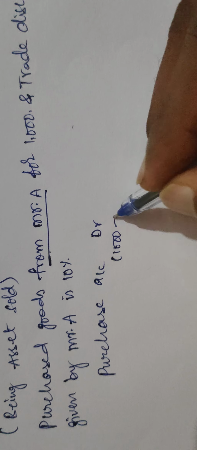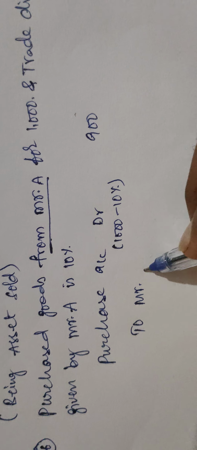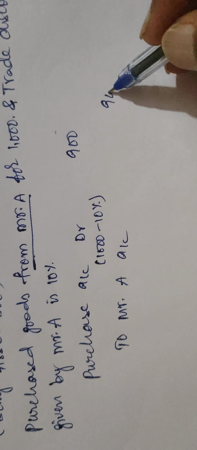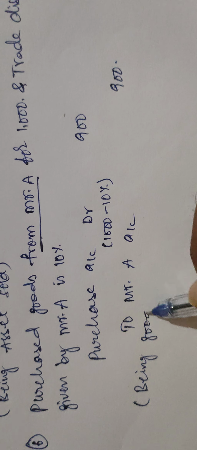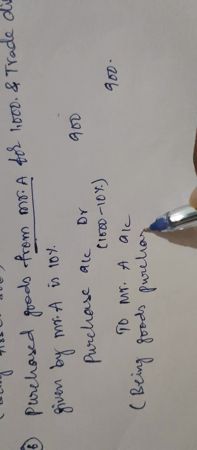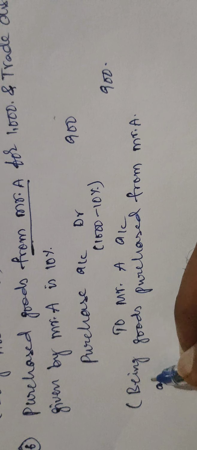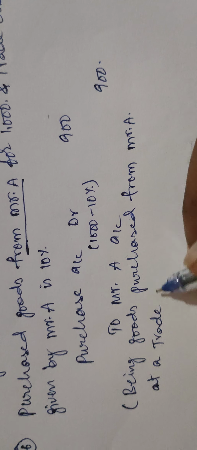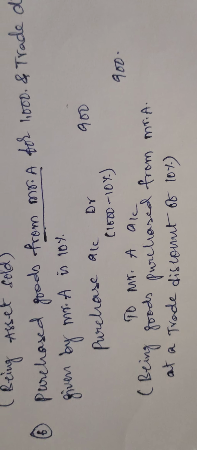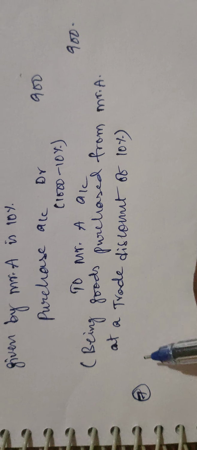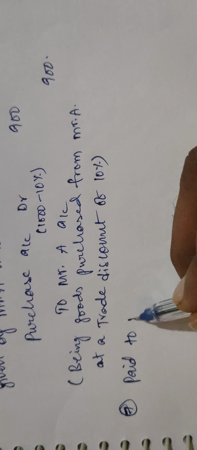In the bracket 1000 minus 10%, you get 900, to Mr. A account 900, and the narration is being goods purchased from Mr. A at a trade discount of 10%, right?